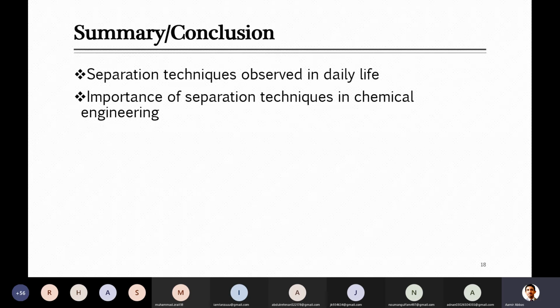And then we studied that these separation techniques are important because in all chemical plants, in order to purify your feed stream, to remove impurities from the feed stream, to purify your product, to recycle, to regenerate the catalyst, and for these kinds of applications you need separation. And in order to do those separations, you will need a lot of separation techniques.